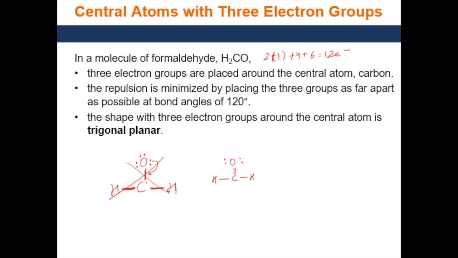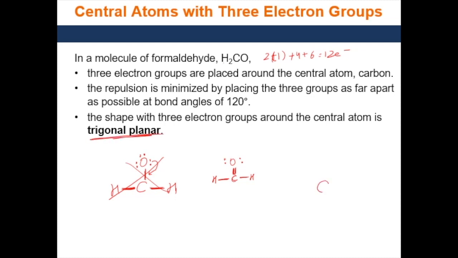The central atom, carbon, has this one electron group, this second electron group, and this one, the double bond. Remember, even if it's a double bond, it is regarded as 1 electron group, and there are no lone pairs. If it has 3 electron groups and all of those are bonds with no lone pair, the structure is trigonal planar.